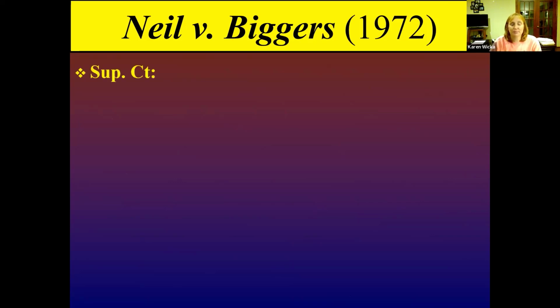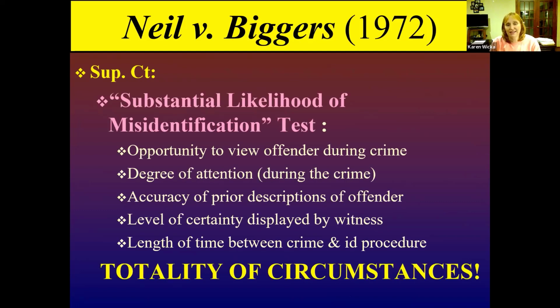And in Neil versus Biggers, the court created a test for judges to use to determine whether or not they believe that an eyewitness is reliable. And they identified it as the substantial likelihood of misidentification test. So is there a substantial likelihood that this eyewitness is misidentifying the person?